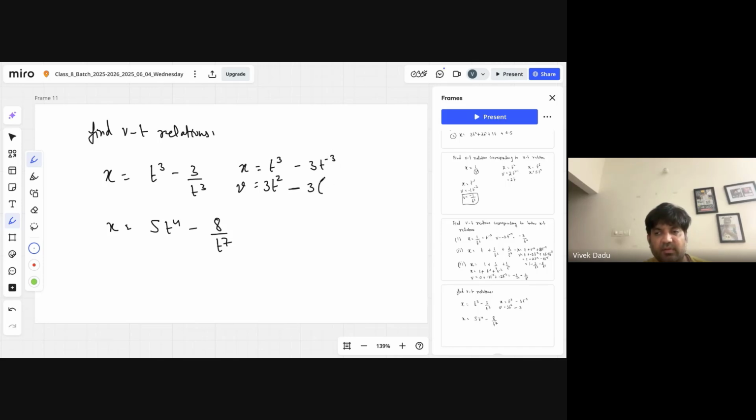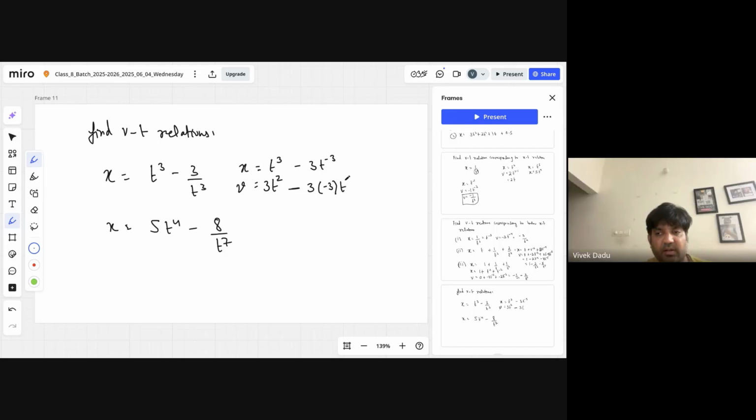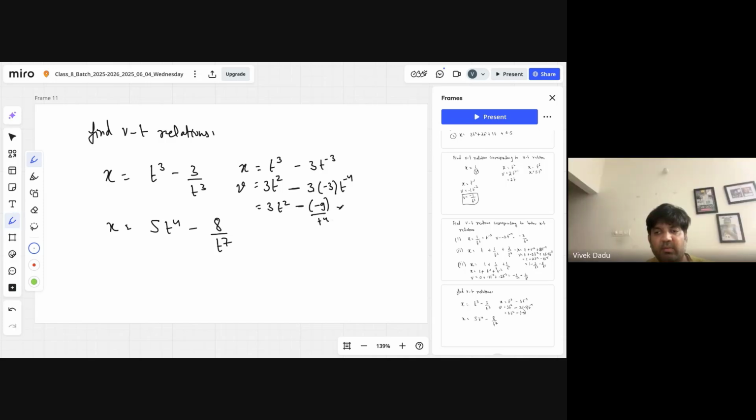Power comes in front, and then t power -4. Now simplified, this is 3t square. This is minus, but 3 into -3 is plus 9, 9 by t power 4. So overall, finally, it becomes 3t square plus 9 by t power 4.